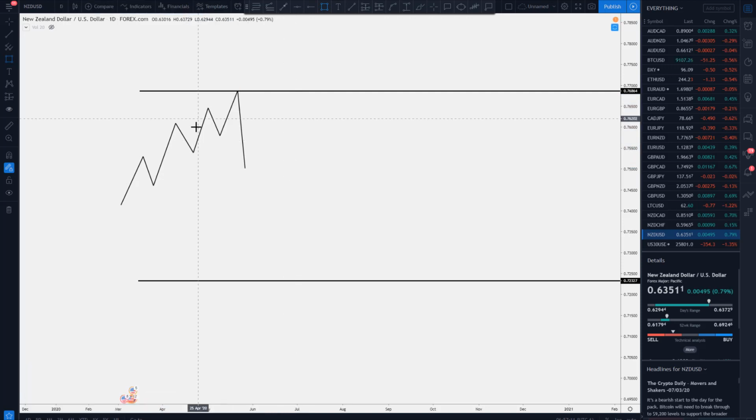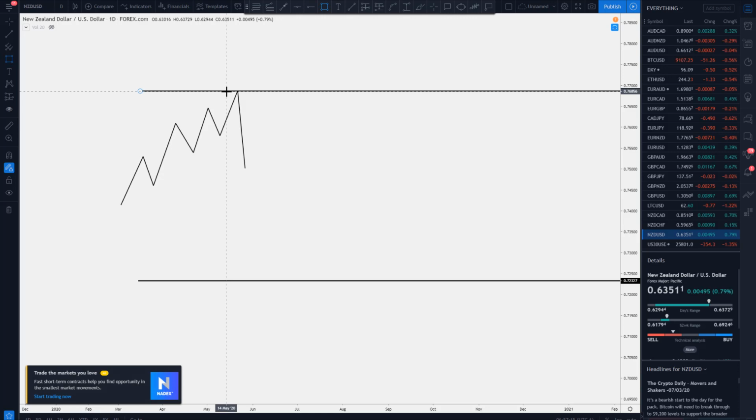So if we're looking at that there, when we're coming up to this resistance point, on higher time frames those support and resistance points are way more powerful than on the smaller time frames. They hold up a lot more.